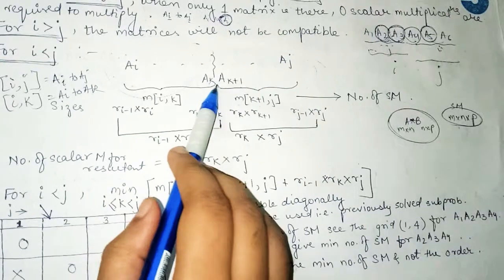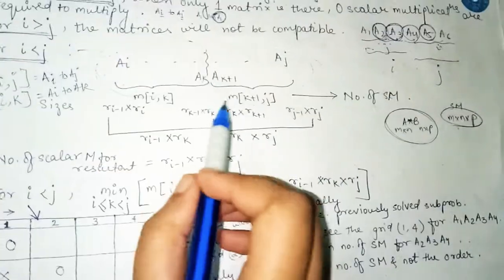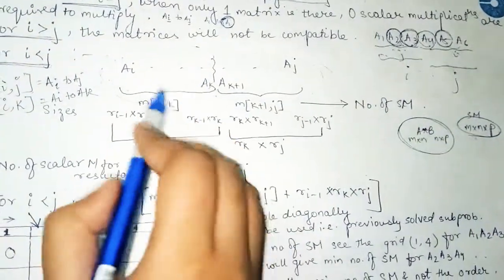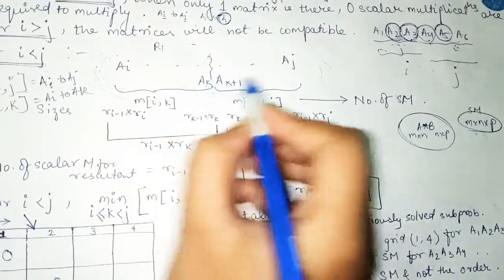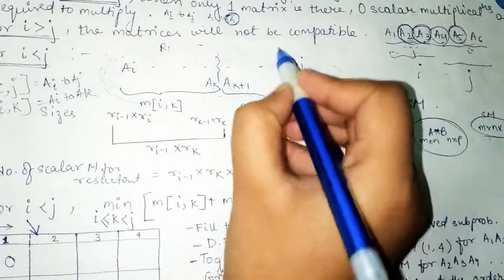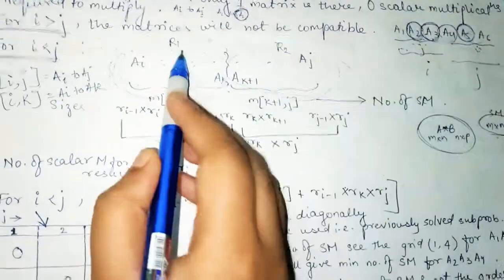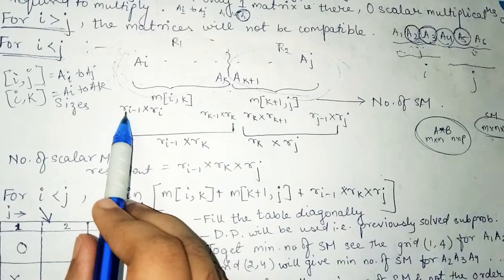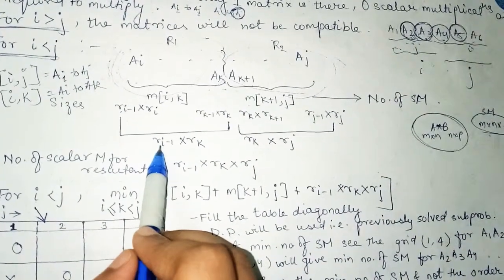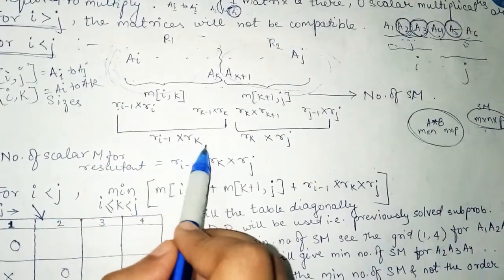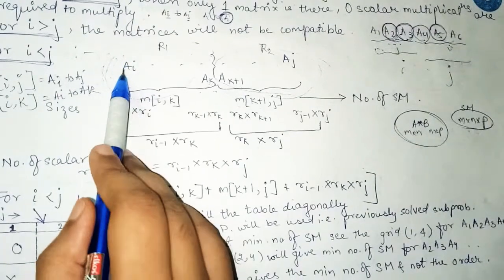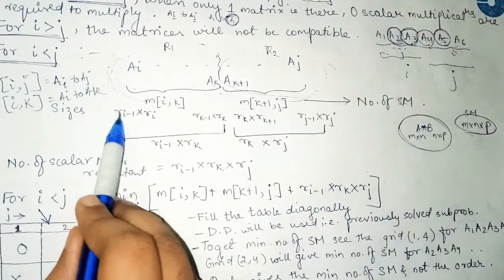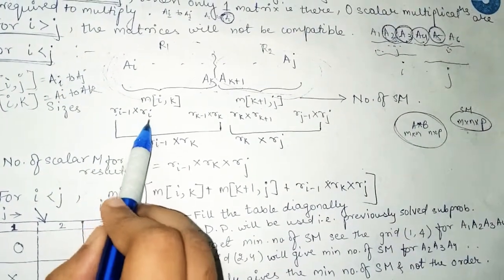So similarly here also we will have two resultant matrices. Let this be R1 after multiplying all these matrices, and after multiplying all these matrices we will have R2. R1 will have the size r(i-1) cross rk, and R2 will have the size rk cross rj.